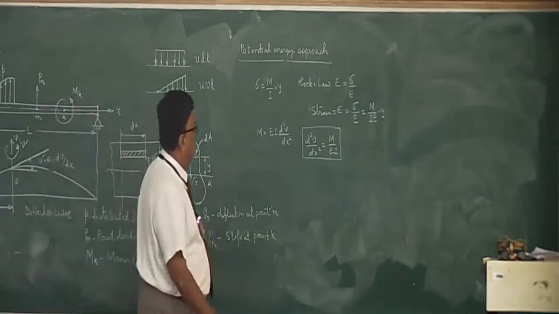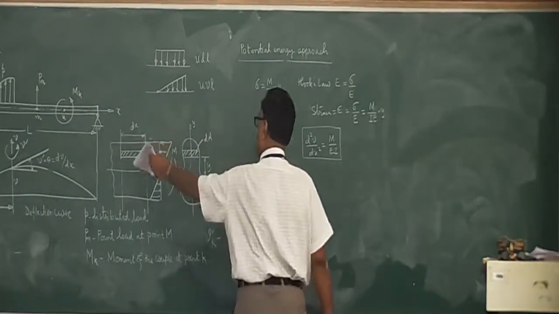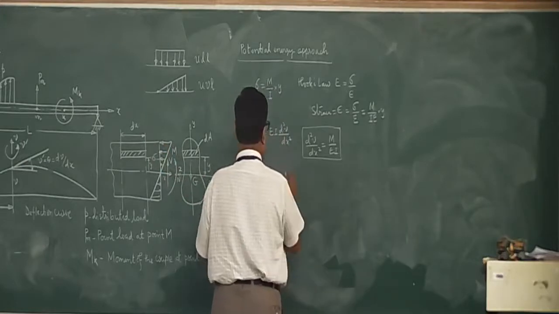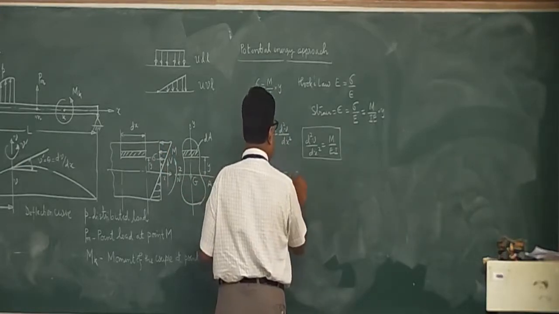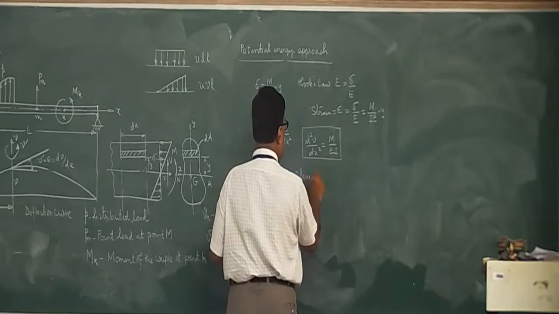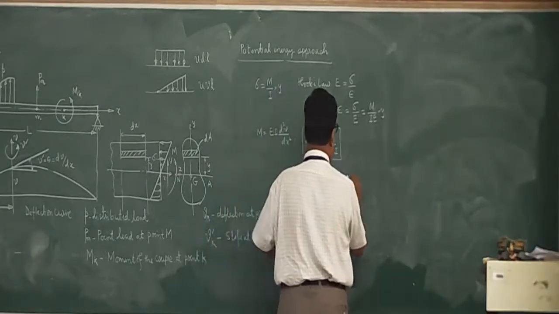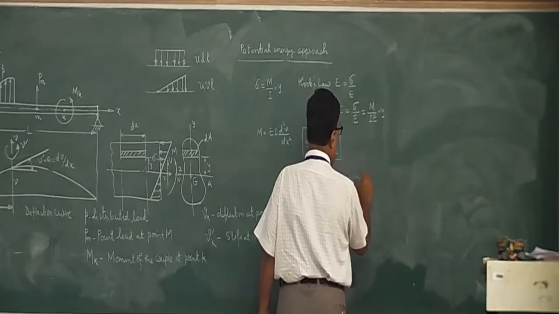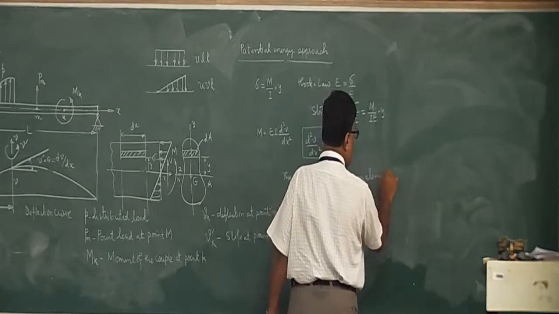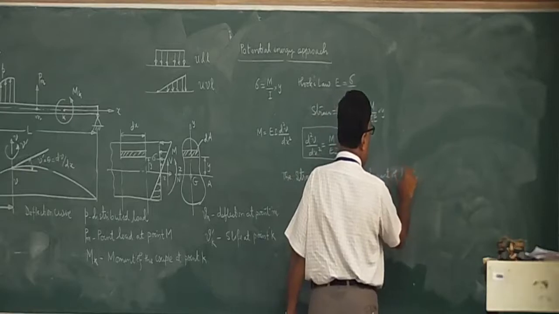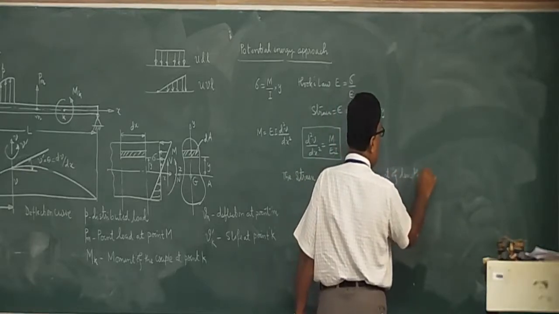Now let us consider the elemental volume, whatever it is shown here. Now let us write the strain energy for this. The strain energy in an element of length dx and area dA.